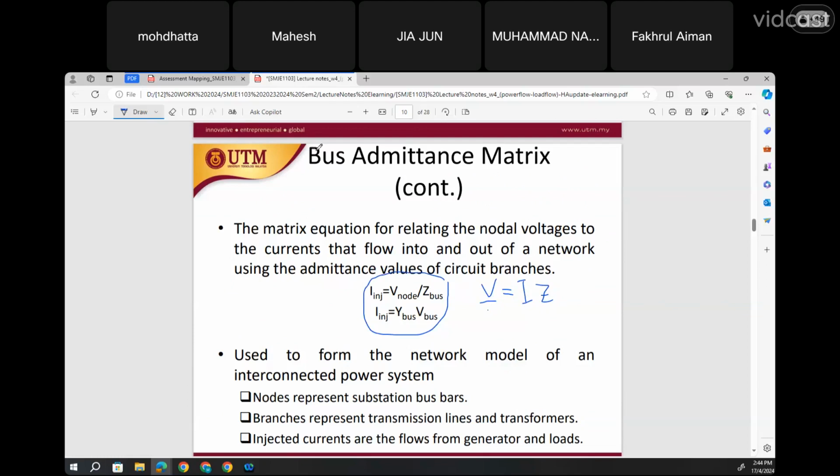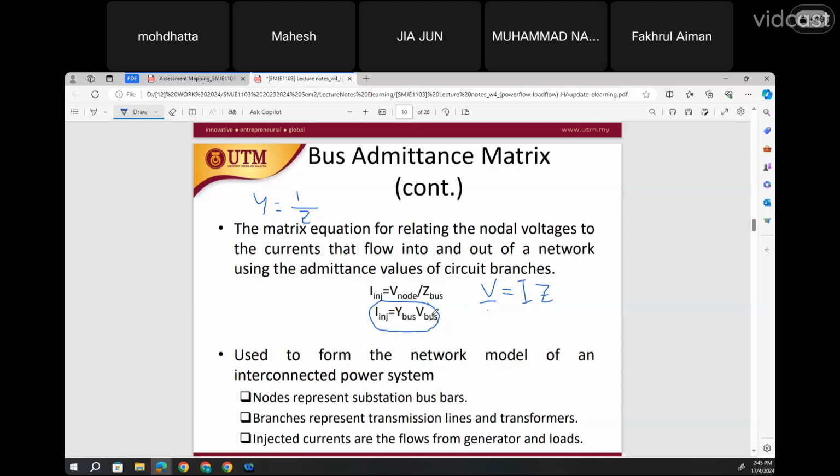If you represent the impedance as admittance, where admittance Y equals 1 over Z, you can rearrange this equation to become I equals Y times V, the admittance times the voltage at that particular bus.